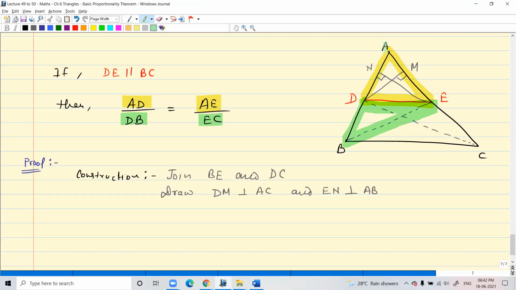So I will get my AD and DB in that ratio. I need AD by DB, no? You know, I have half into base into height. So I will consider AD as the base of one and DB as the base of the other. So I will get my AD by DB if I use these two triangles, area of triangle ADE and area of triangle DBE.